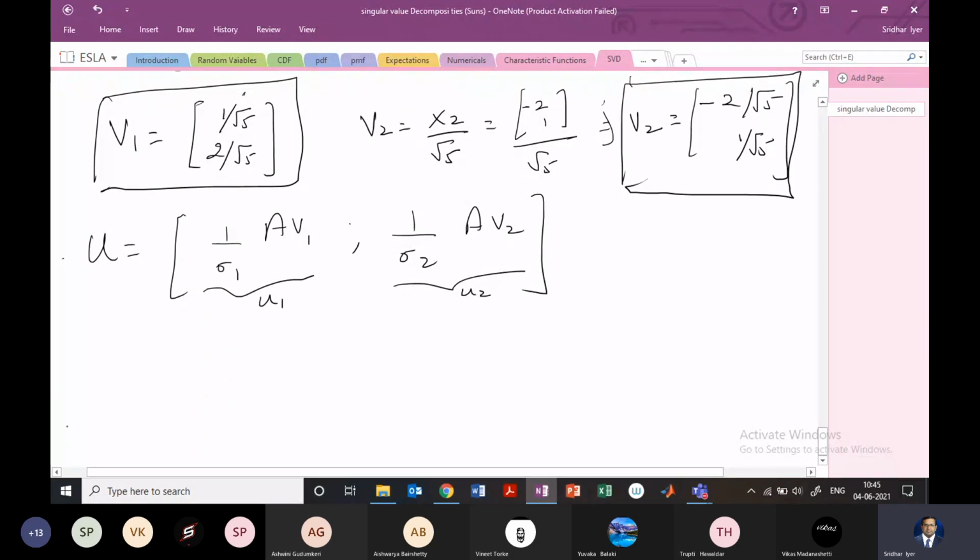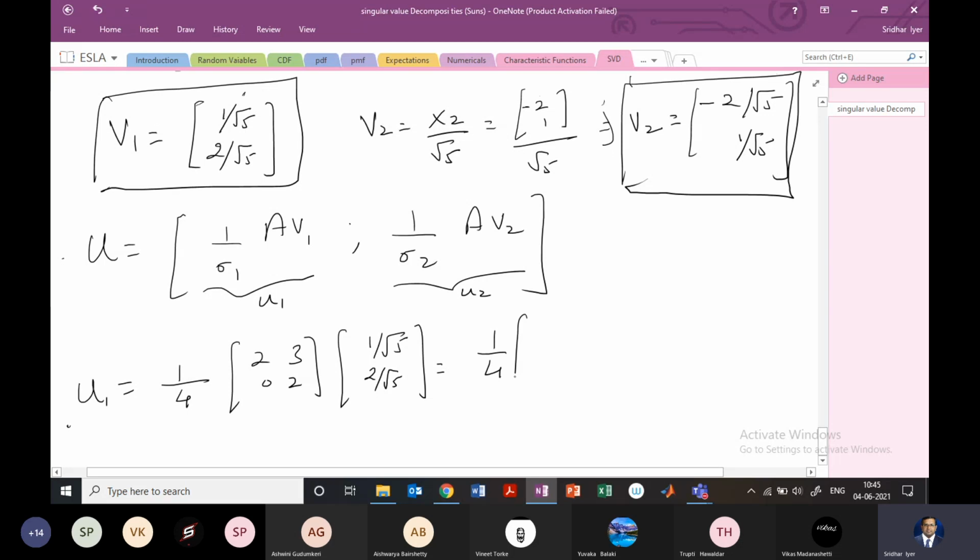So u1 will be 1 by sigma 1, where sigma 1 is 4. So 1 by 4. A is 2 3 0 2, and v1, as we can see, is 1 by root 5 and 2 by root 5, right? So we need to multiply this.